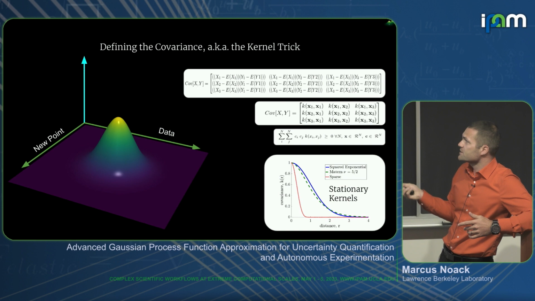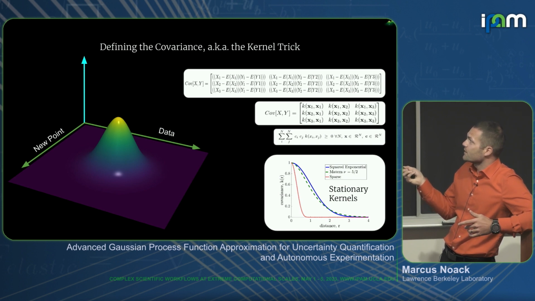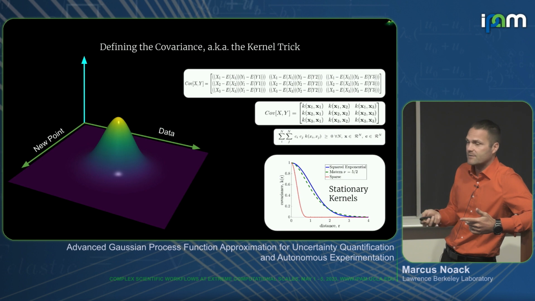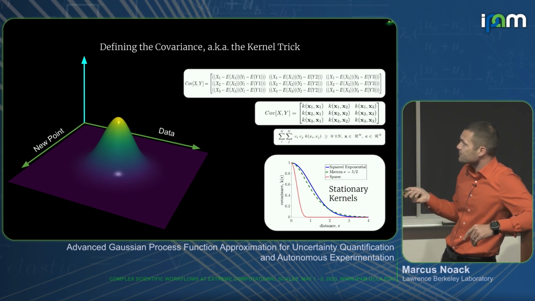So the usual definition of a covariance matrix is up here, and we see that explicitly the random variables show up in the definition. Now, well, that's not great. We've never measured those function values, so we don't have them as a random variable. We don't have them at all.